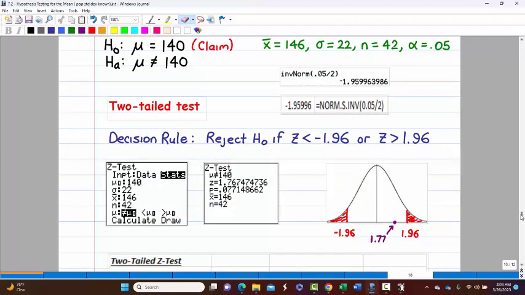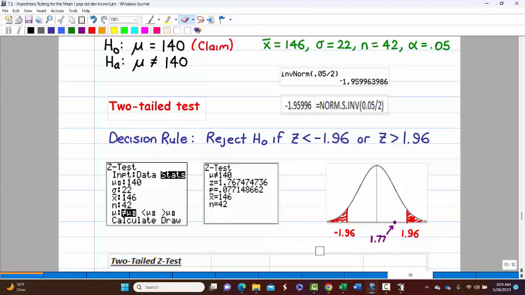All right, and I'll save a little time by not retyping this one in there at least anyway. In stats, 140 is your hypothesized mean, 22 the standard deviation, 146 is the sample mean, 42 is your sample size, and then of course you have to pick the equal here. And there's your test statistic, roughly about 1.77.